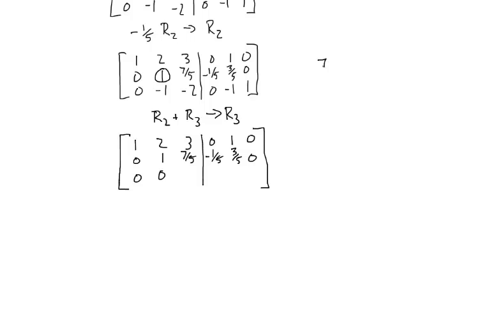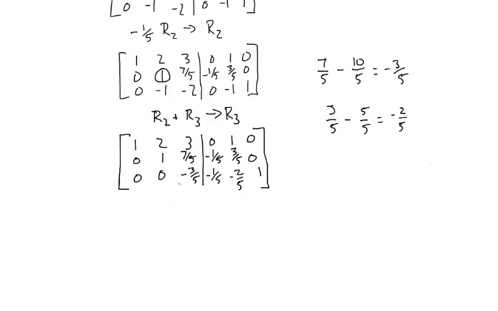So we have 7/5 minus, and we can write 2 as 10 over 5, so we have negative 3/5. Negative 1/5 plus 0 is negative 1/5. We have 3/5 minus 1, or 5/5, gives us negative 2/5. And we have 0 plus 1 gives us 1.